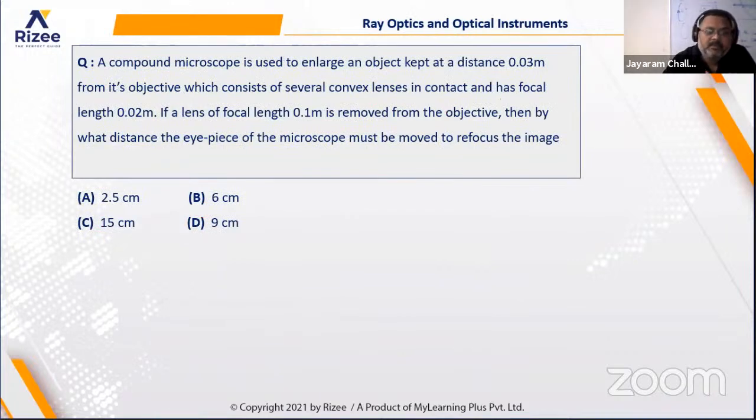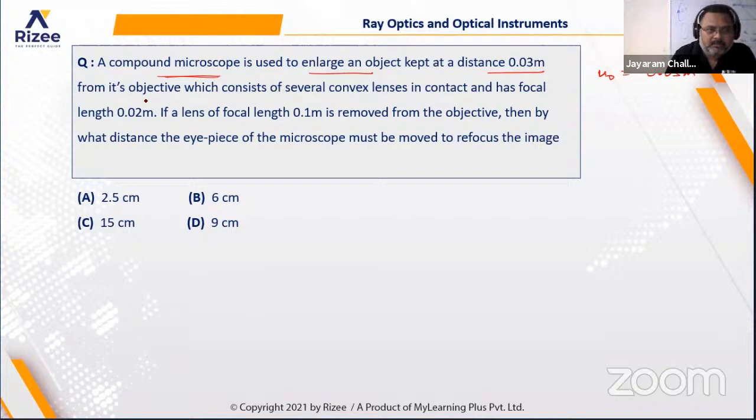Next one, the compound microscope, which is used to enlarge objects. It is used to enlarge an object kept at a distance of 0.03 meters, as given in meters. That means he has given u0 is equal to 0.03 meters, and I am maintaining the same thing.